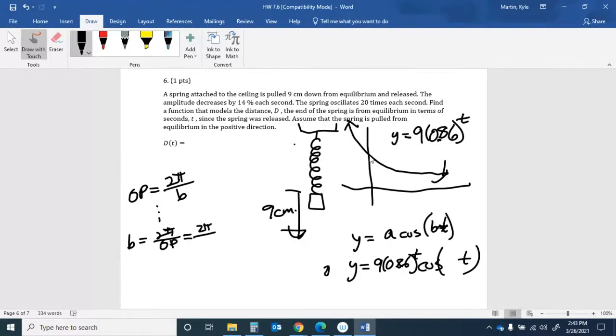Let's think about how long does it take? What's the observed period? So it's in 1/20th of a second.